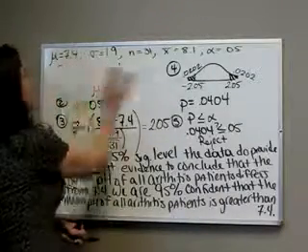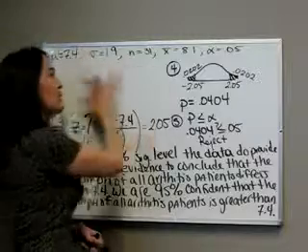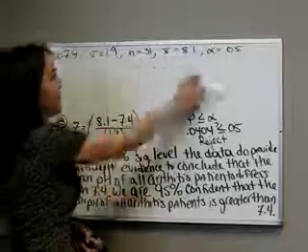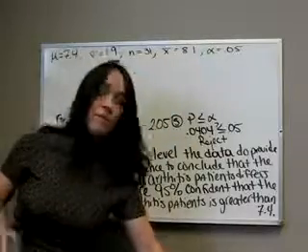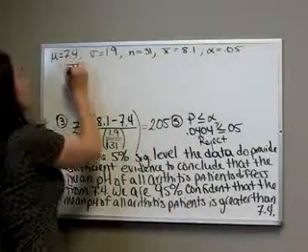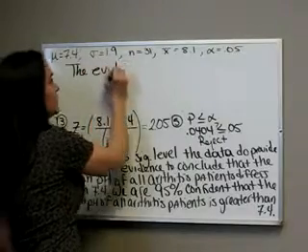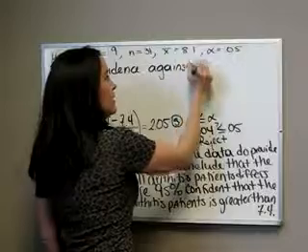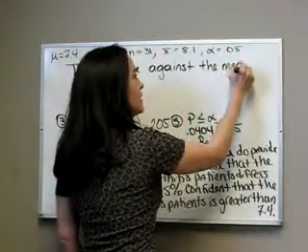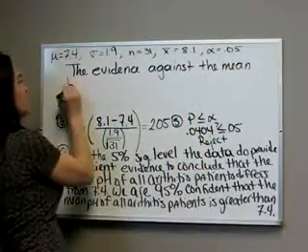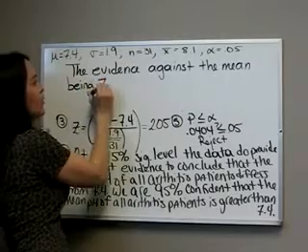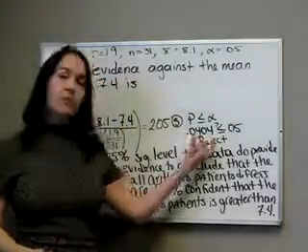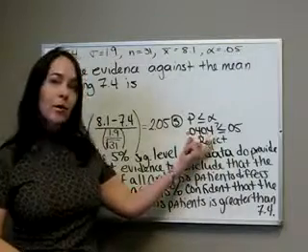The last sentence, and it's only for using the p-value, we have to put the evidence against the mean, or the null. The evidence against the mean being 7.4 is, now we look at our p-value, 0.0404.